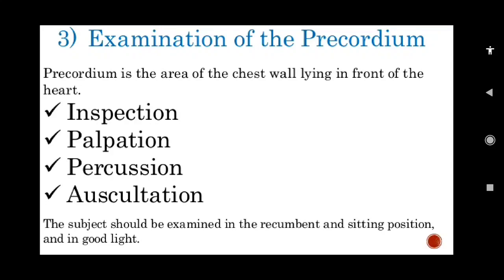And then auscultation. Auscultation, as you all know, it is hearing the heart sounds with the help of a stethoscope. So the subject should be examined in recumbent and sitting position and in good light. And the examiner should be always standing right side of the patient.